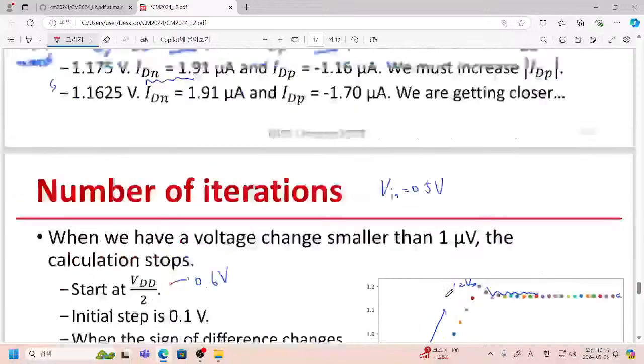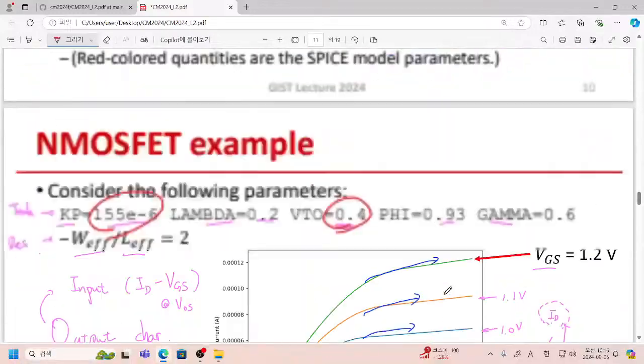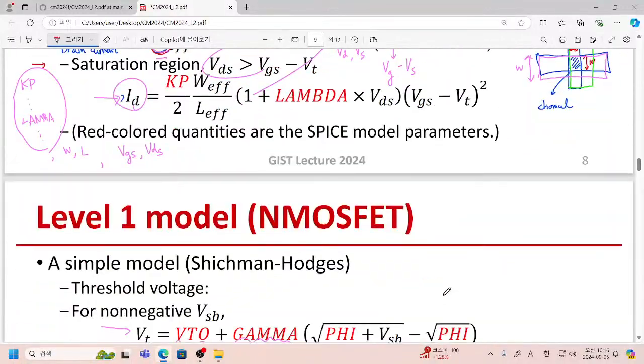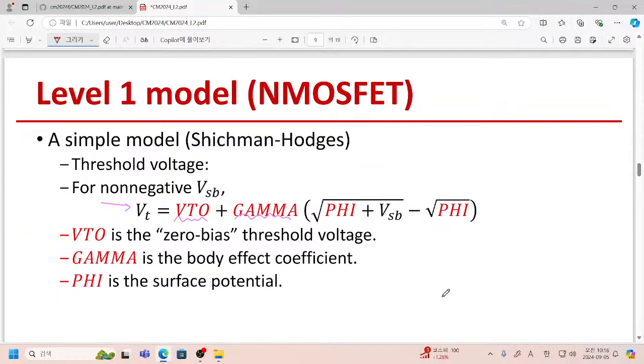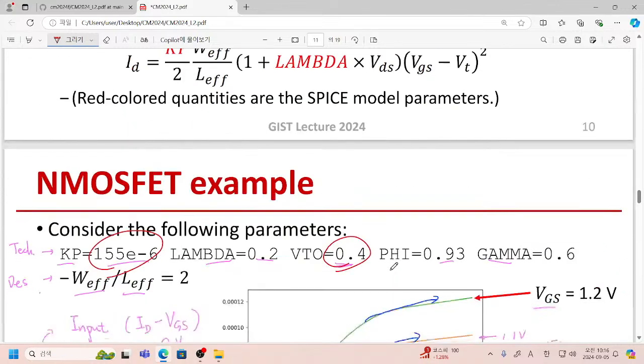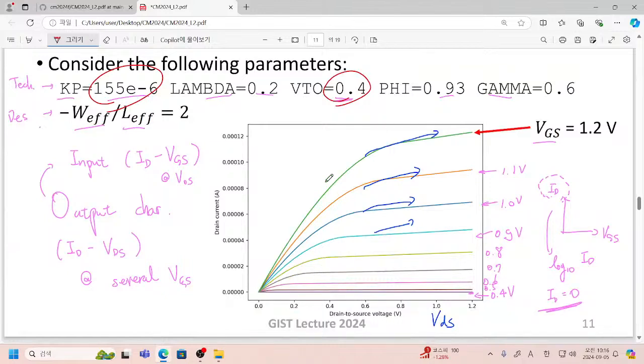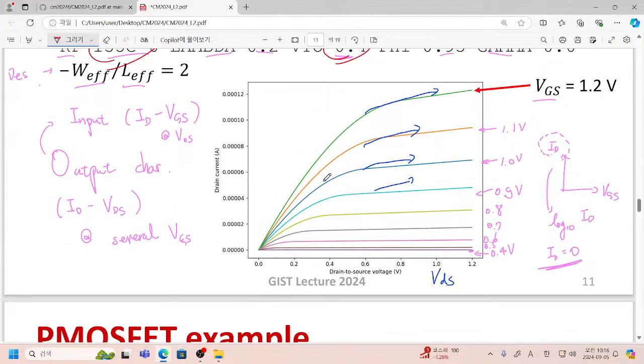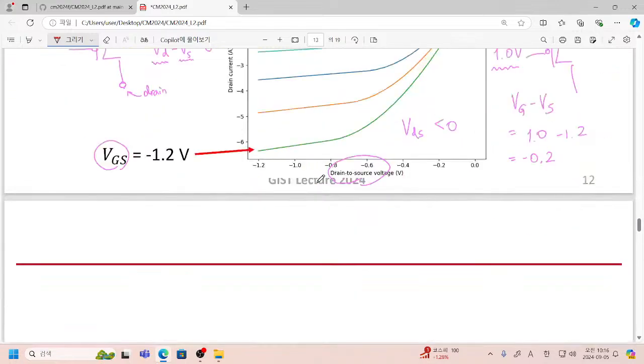In the middle part of our lecture, I introduced the simplest version of our MOSFET model, the level 1 model, and now you have concrete values for your model parameters, and you can draw IV characteristics of your NMOSFET and PMOSFET.